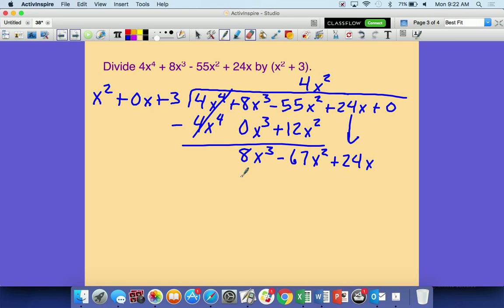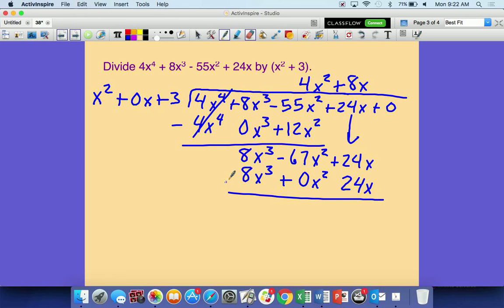X squared goes into 8x cubed, 8x times. 8x times x squared is 8x cubed. 8x times 0x is 0x squared. 8x times 3 is 24x.